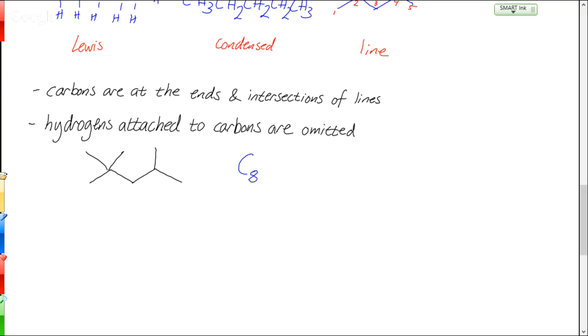So if we look first over here, this carbon has 1 bond shown, which means it needs how many more? 3, right? So we can draw those in 1, 2, 3.